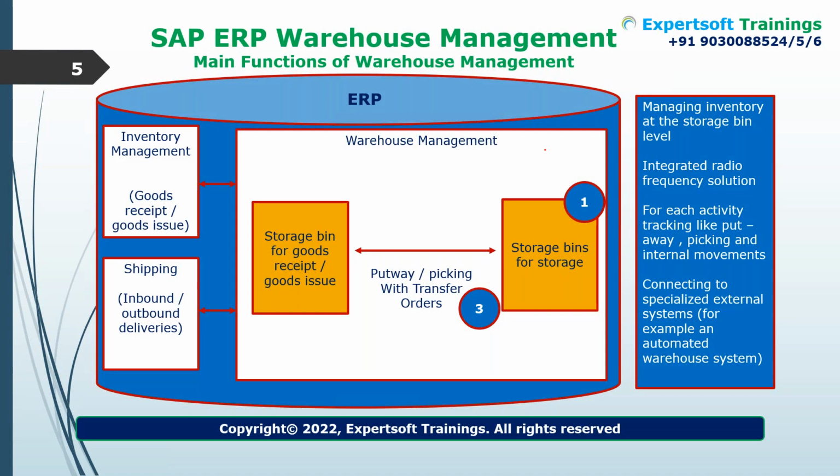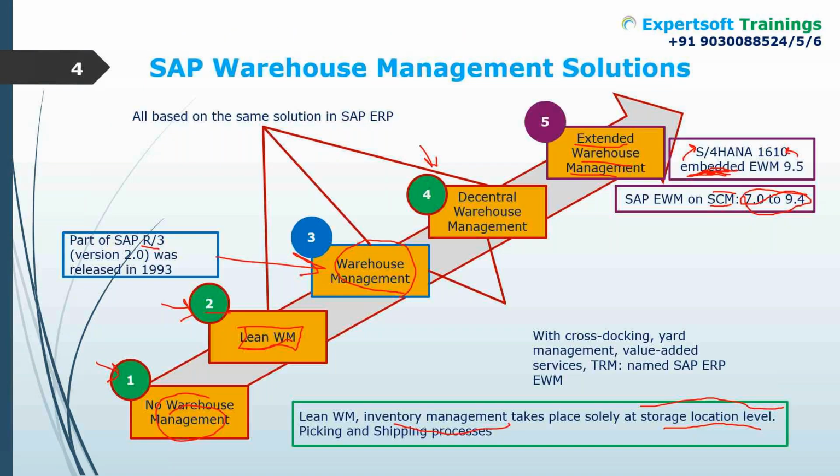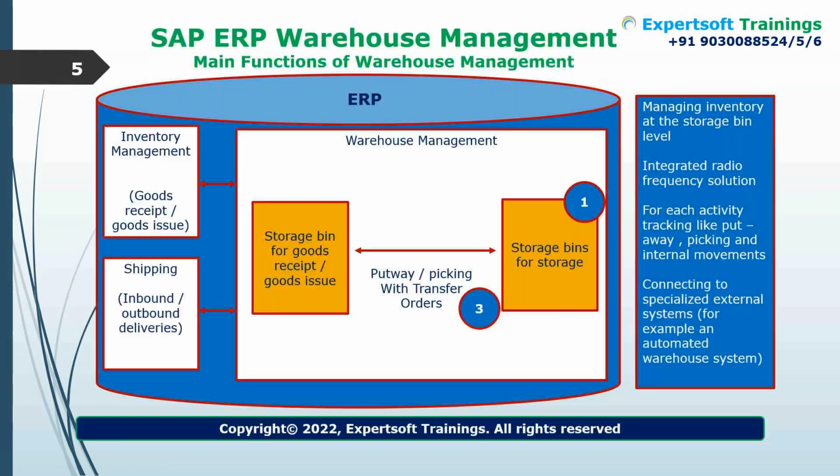So this particular slide is your point number 3, the SAP WM slide. When SAP introduced SAP WM, what was it looking like and how was it different from other systems? As I told you, inventory management was taking place at a bin level, not at a storage location level, and it was supporting radio frequency solutions, tracking and tracing, and picking.